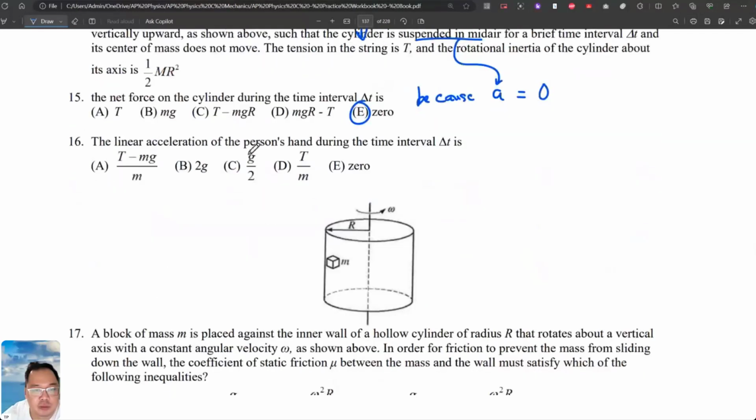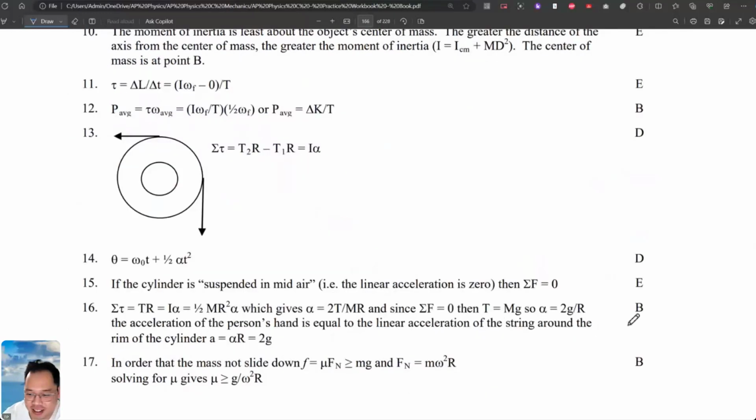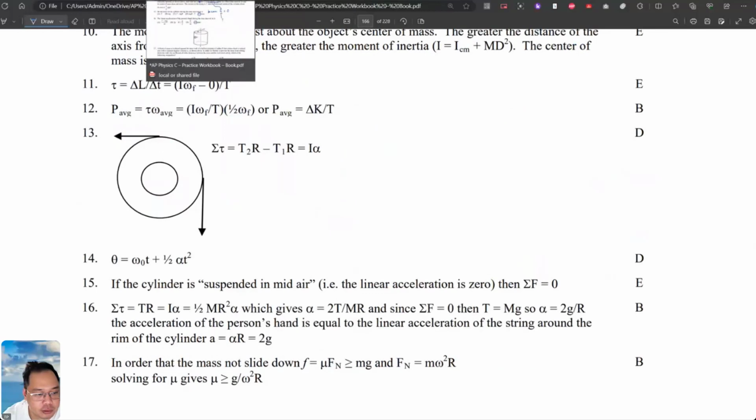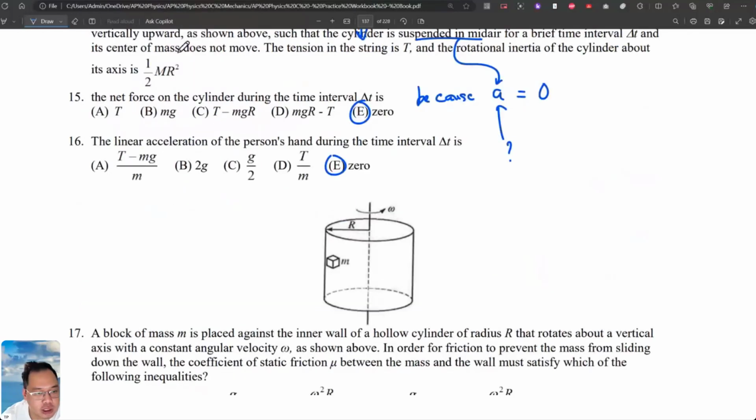16, the linear acceleration of the person's hand during the interval T. Meaning that we need to calculate this one, but it's supposed to be 0. So the answer is 0 as well. 16, B, cylinder's acceleration, 2g, no, answer is not 0. Wait.